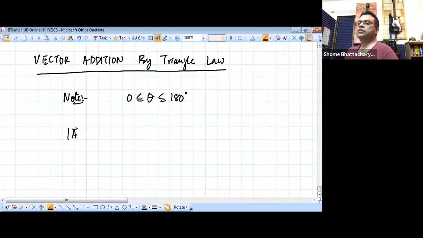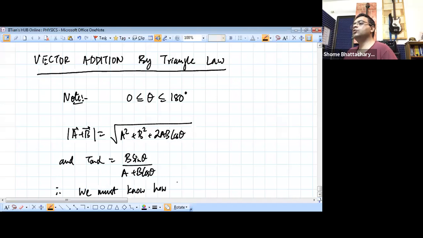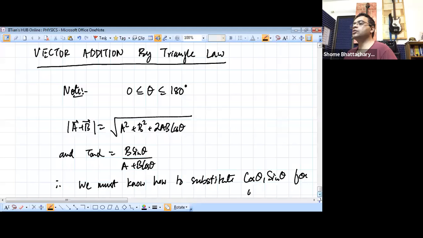Whereas we have the formula, and tan alpha is B sine theta upon A plus B cos theta. So therefore, we must know how to substitute cos theta and sine theta for not only acute but obtuse angles also.